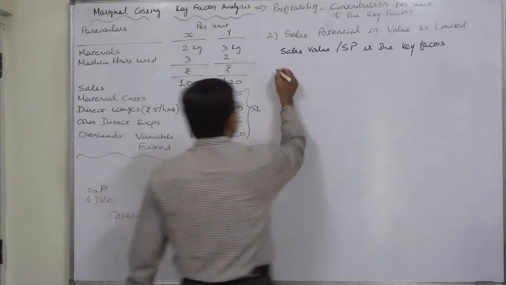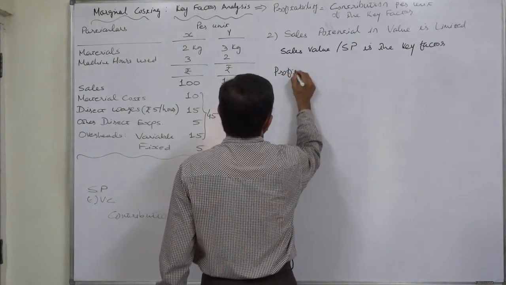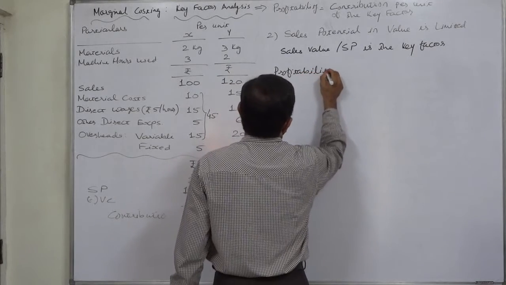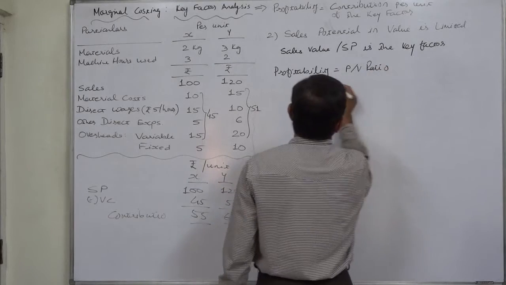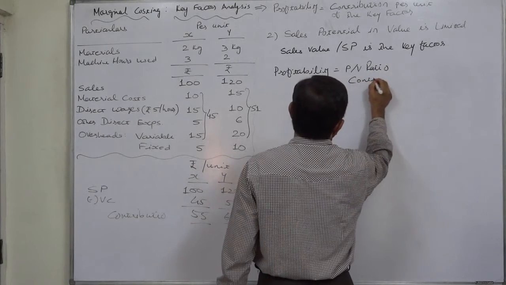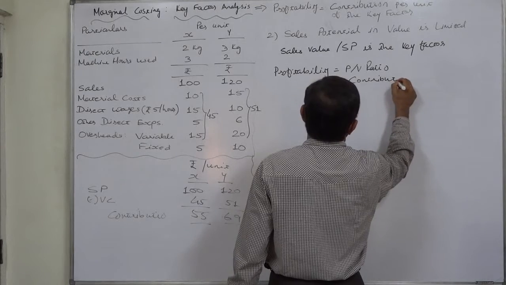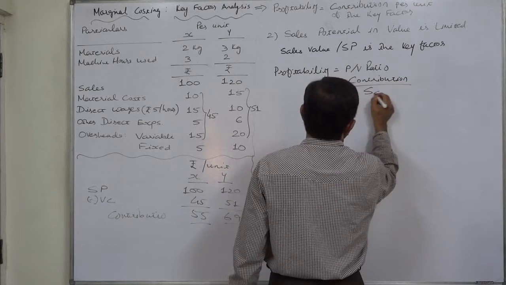The meaning of profitability will be PV ratio. That means contribution upon sales or selling price.